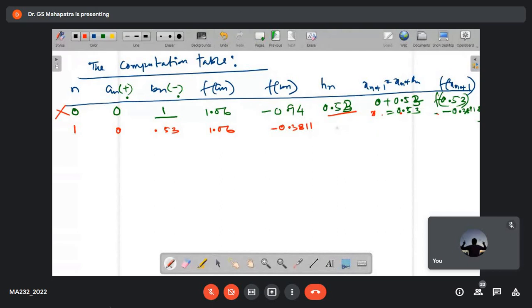So Hn, what is the Hn for the first case, first iteration here? 0.389, sir. 0.389, fine. So what will be the x0 plus h? What is this one, negative or positive? F of 0.389.